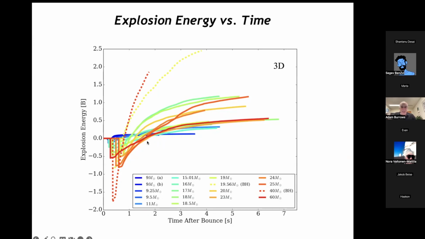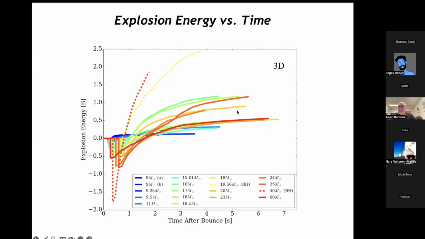And I want to call your attention to the fact that the explosion energy initially is negative. When it explodes, the blast wave becomes unstable, but you don't have enough energy to unbind the envelope. And so you have to keep depositing that neutrino energy over a long period of time, long in our case, again, is seconds, in order for this curve to flatten out. And it's only after it's flattened out that you know the explosion energy.